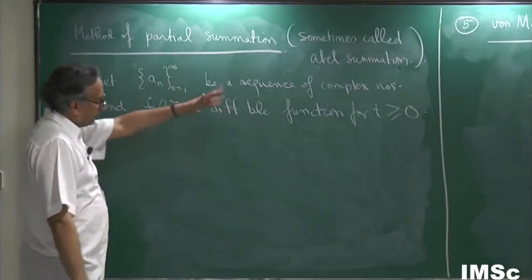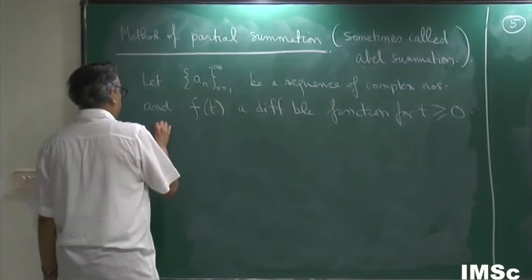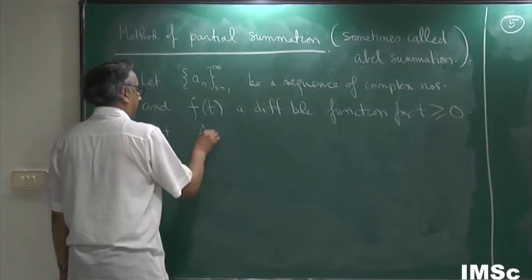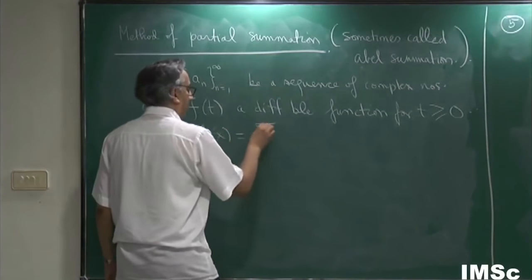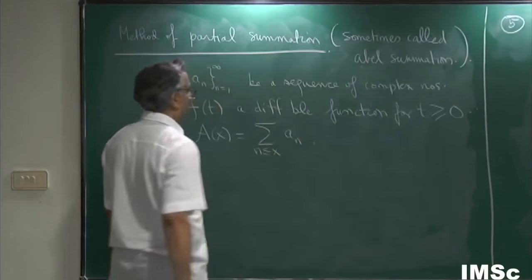You can restrict and relax these conditions, but it's not terribly important. Set A of x to be the partial sums of a sub n.